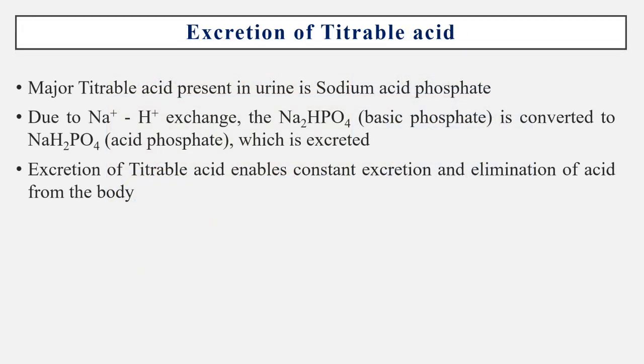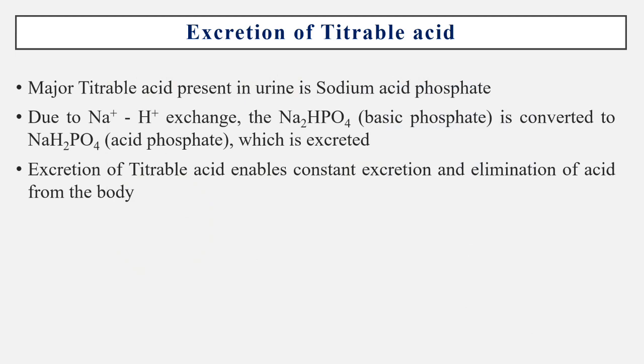Next, coming to the excretion of titratable acid. Titratable acidity is a measure of acid excreted into urine by the kidneys. The major titratable acid present in urine is sodium acid phosphate.